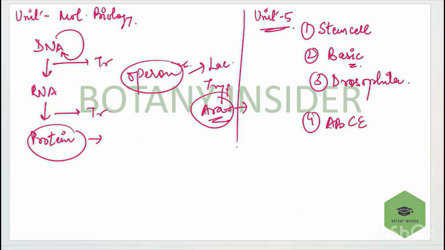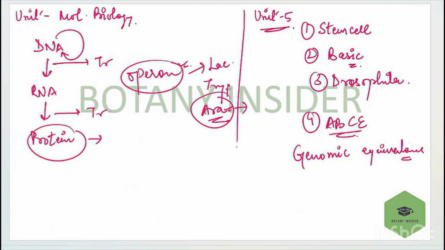ABCE model, very important. In the recent paper, December 2023, we got a question from here. Genomic equivalence is a new hot topic in question papers right now, in various papers, not just CSIR, UG, but ICAR, DBT, GATE as well.